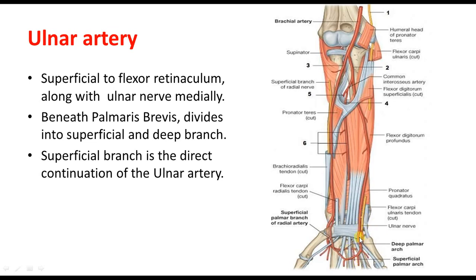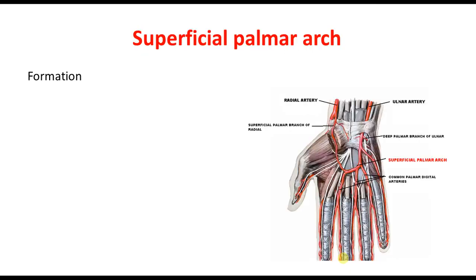The direct continuation of the terminal part of the ulnar artery is the superficial branch, which is responsible for the formation of the superficial palmar arch.